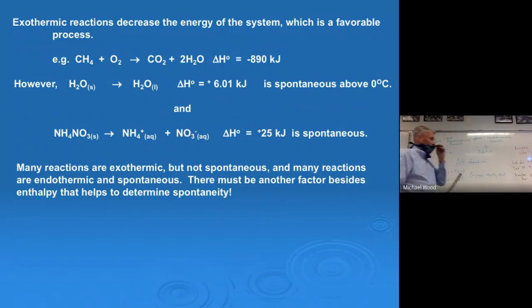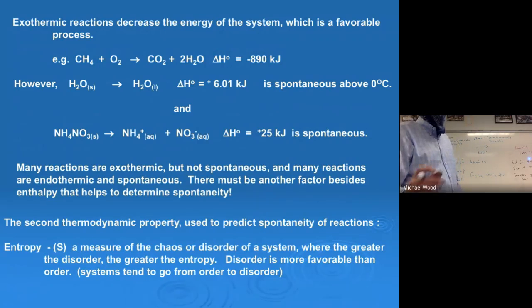Exothermic reactions decrease the energy of the system, which is favorable. This is the reaction when we light a Bunsen burner. It's exothermic. But if I take ice and I melt it, it's endothermic, but it's spontaneous depending upon the temperature. Ammonium nitrate, which is endothermic, is spontaneous, the dissociation of ammonium nitrate. So usually, when delta H is negative, it's usually spontaneous, but not always.